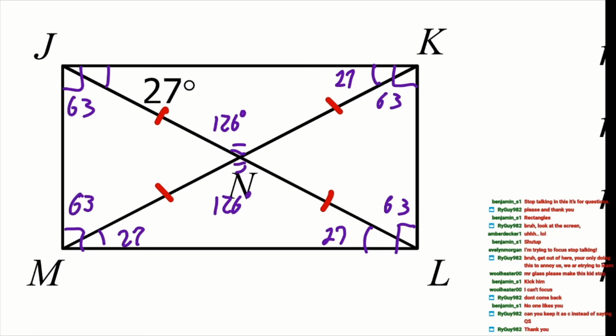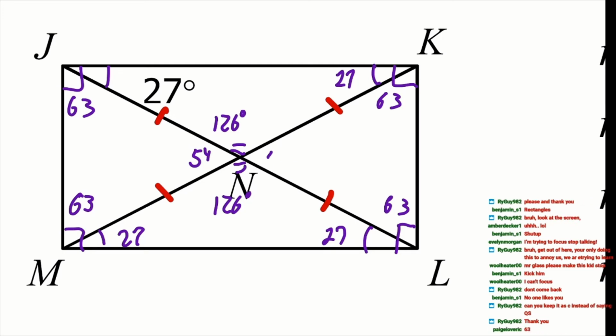That makes a lot more sense. That would make this 54 then. And then we have all the angles labeled in the diagram.